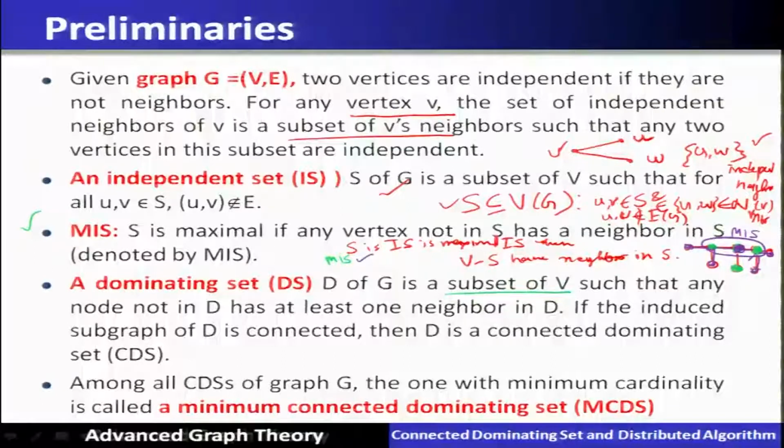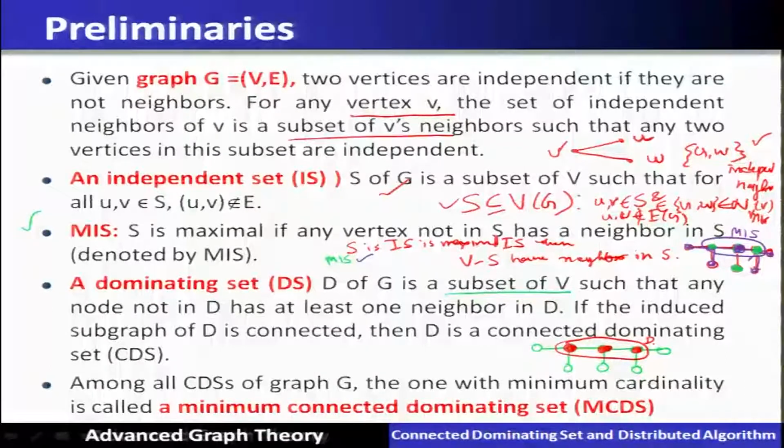If we construct it, then these three nodes form the dominating set.